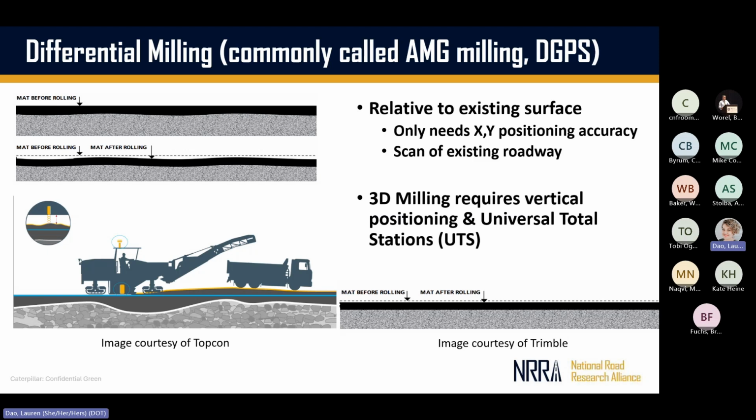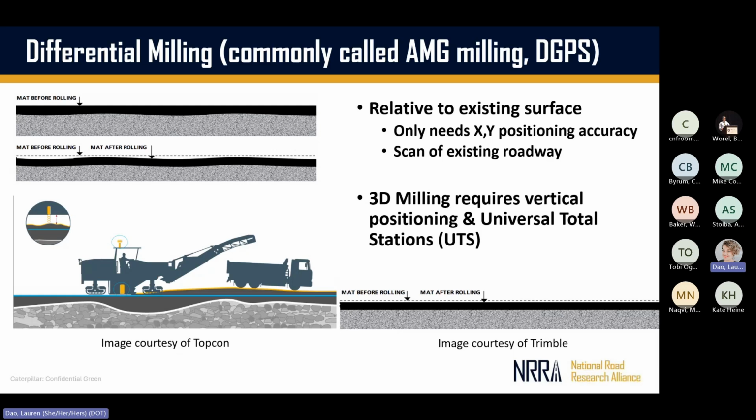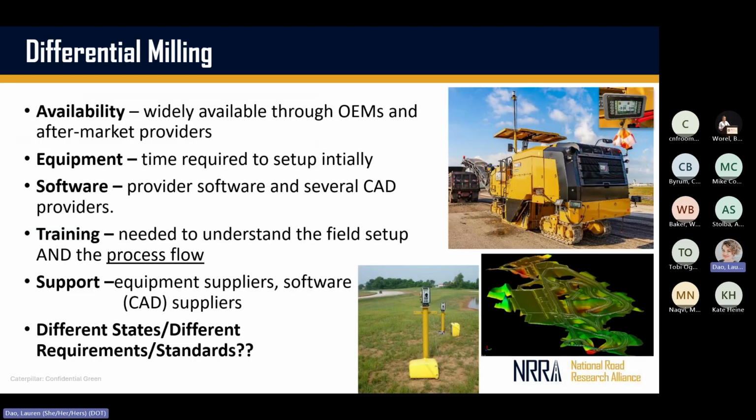I know the equipment's there. It's just getting that whole process flow: getting the scan, getting the design file, having that file loaded back onto the machine. So the whole process part of it is where I think we need to get a little smoother. No pun intended.